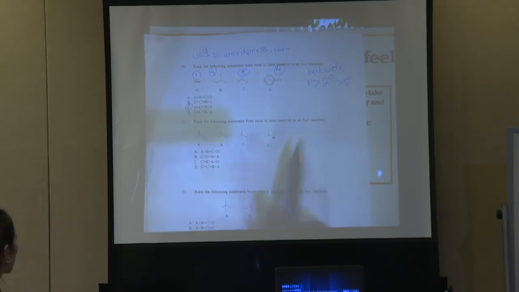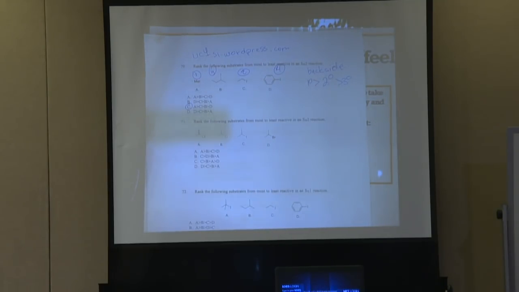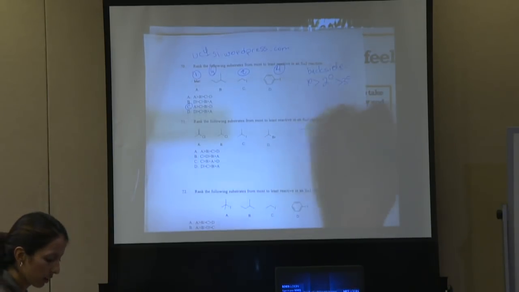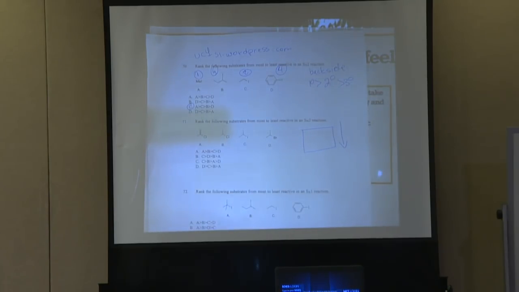So 71. Rank the following substrates from most to least reactive in an SN2 reaction. So what are we looking at here, guys? We have different leaving groups now. So what is usually the trend for leaving group down the periodic table? Is it a better leaving group or a worse leaving group?